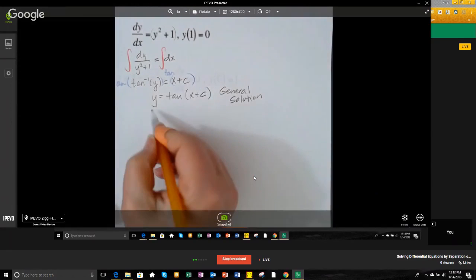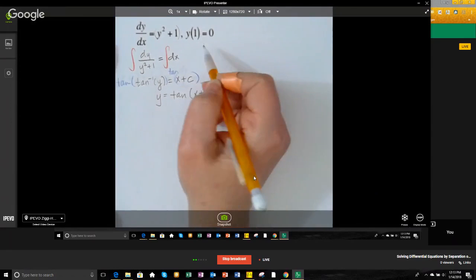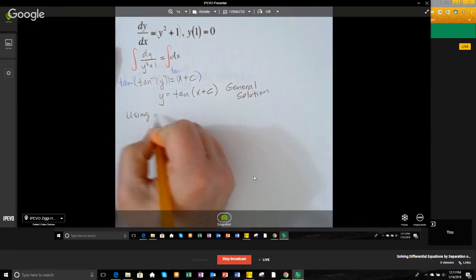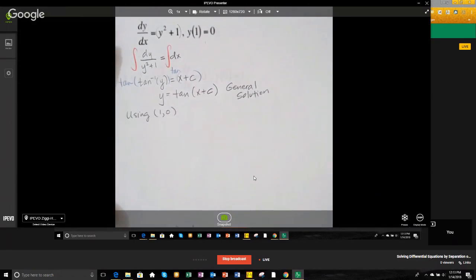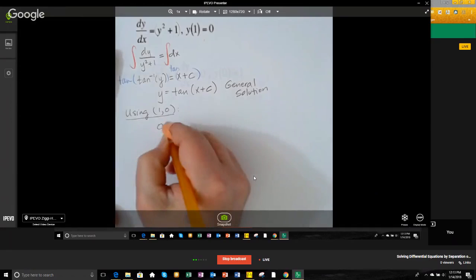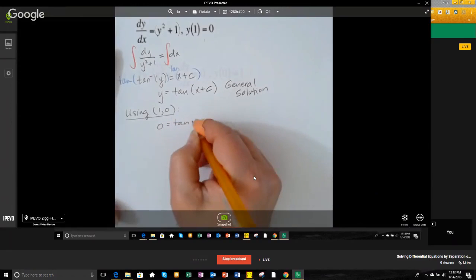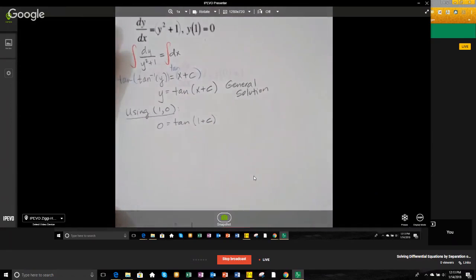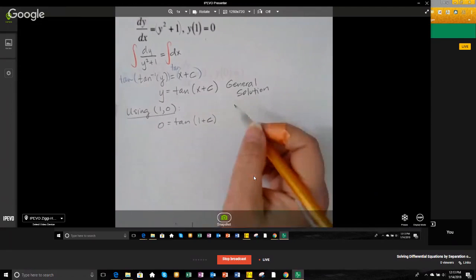Which is nice. And now they're giving us an initial condition. So we're going to solve for our particular solution using the point 1, 0. And using 1, 0, I'm going to say y is 0 equals tangent of, well, x is 1. So this would be 1 plus c. So how do we solve that? Well, gosh, when is the tangent equal to 0? Well, the tangent is equal to 0 when the angle argument is 0.